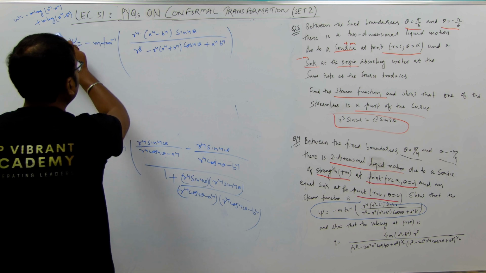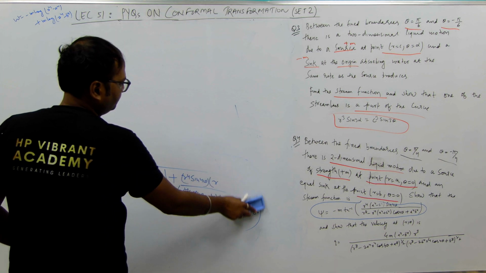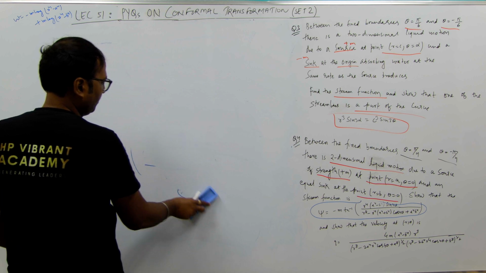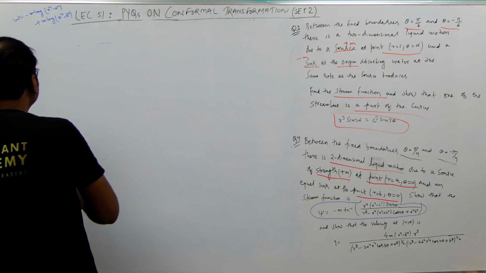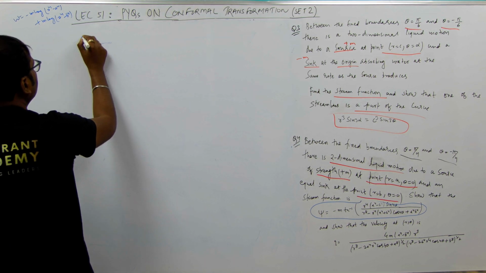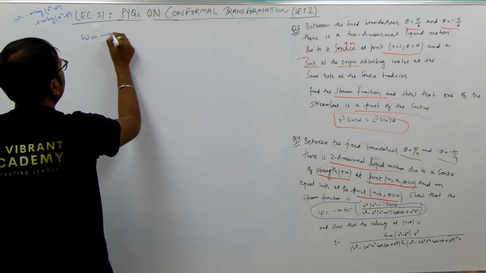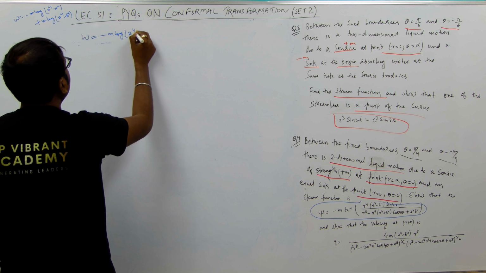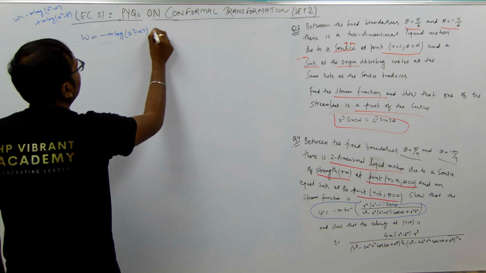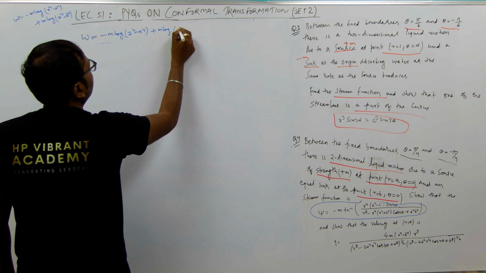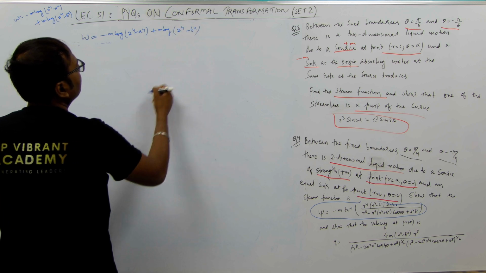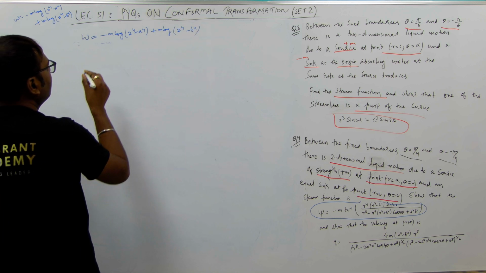Okay, let us find the second part of this question, that is the velocity at point (r, theta). So the complex potential is W = -m log(z^4 - a^4) + m log(z^4 - b^4). Let us put z as r e^(i theta).